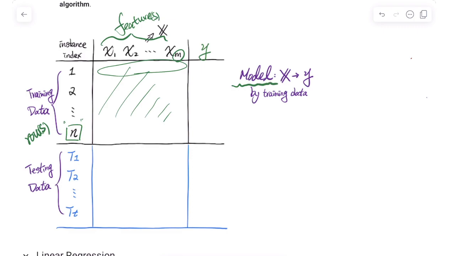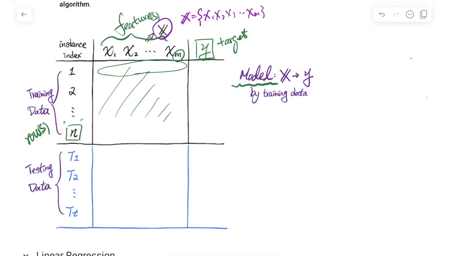Sometimes, I will show you right here, the big X is the collection of all the features. So sometimes we use this big X to represent all the features in this data. And the other one is this lowercase y, that is the target. Sometimes when we describe some subject, we have a table like this, and we have a target column.